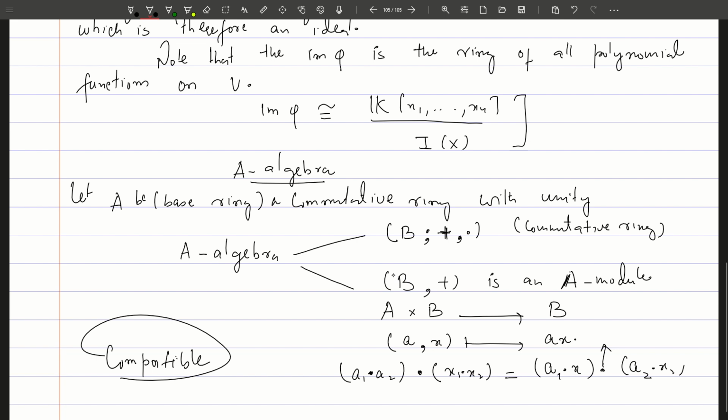Now this is what we call an A algebra. So an A algebra is a ring B which is also an A module. So it has two structures, the ring structure and the module structure. So now in short we can express all this data in one statement.